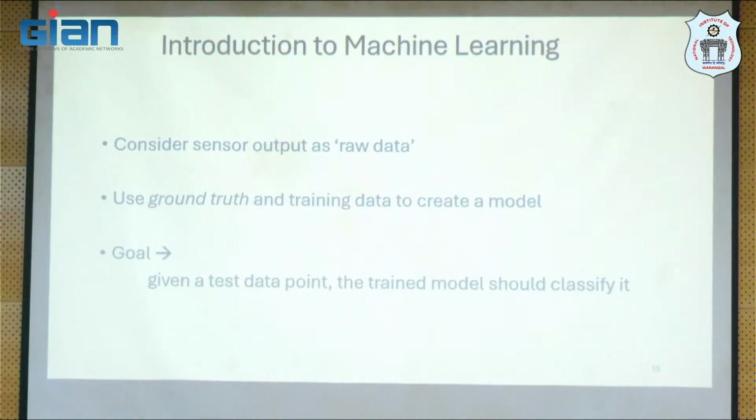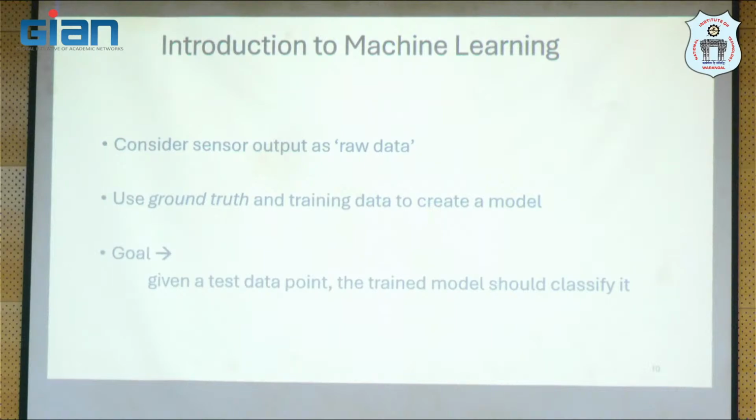What is the goal of doing this? The goal is, after I do it multiple times and I'm confident that I have trained my black box, if I give an unknown test point to this black box, it is able to predict whether the test point is going to be a healthy or a faulty case. Prediction can be done in many ways.